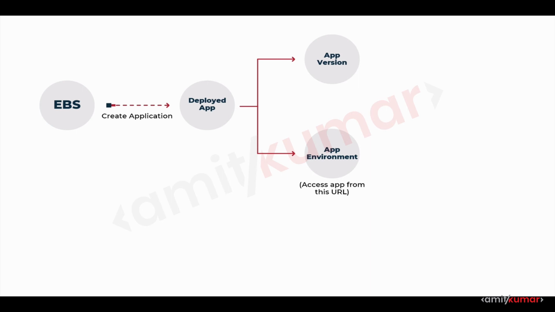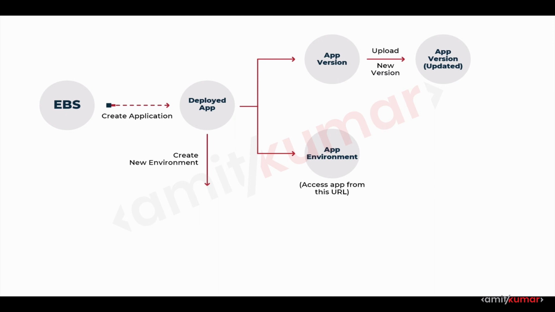So the application is always deployed in an environment, right? And it generates a URL to access the application. All right. Now, you can update this application version by uploading another application version. And once you have done so, then you can deploy this new application version. But we'll see that later.